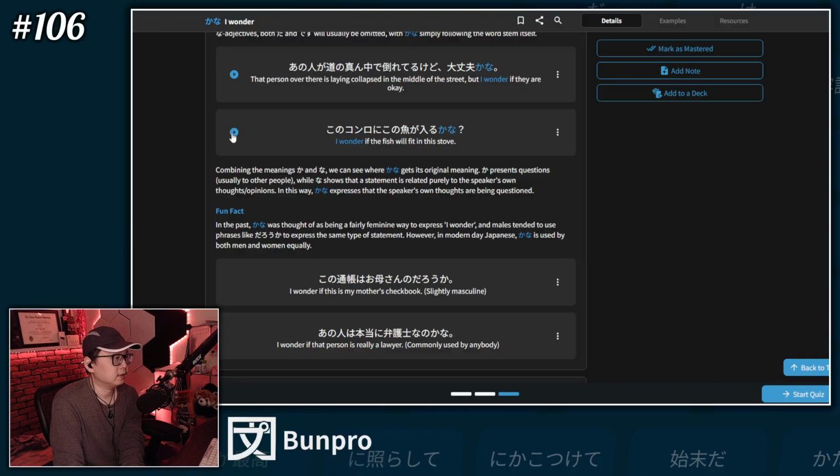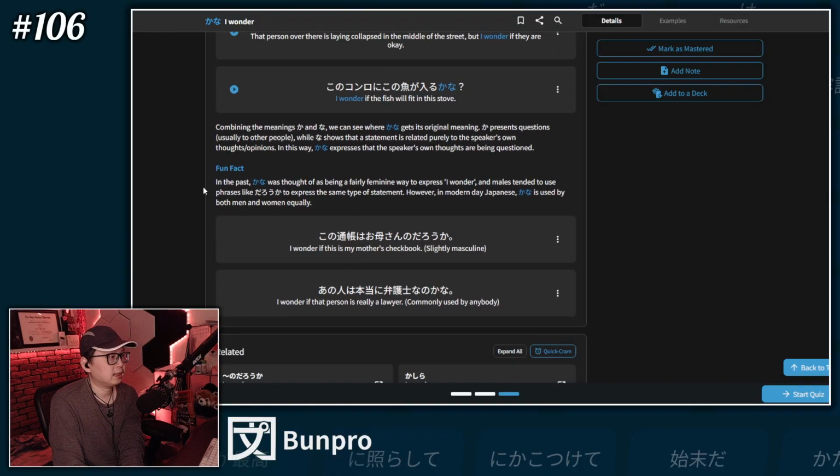Ka presents a question, usually to another person, while na sometimes shows that a sentence is related purely to the speaker's own thoughts and opinions. In this way, kana expresses that the speaker's own thoughts are being questioned. In the past, kana was thought of as a fairly feminine way to express I wonder, and males tended to use phrases like daro ka to express the same type of statement.